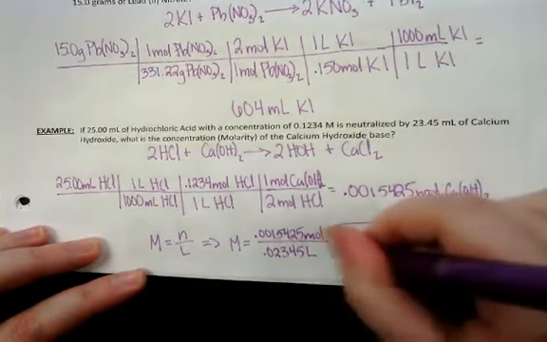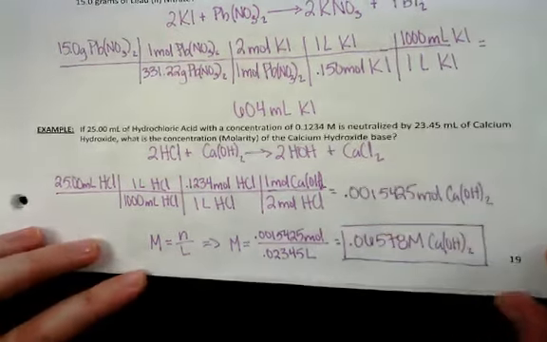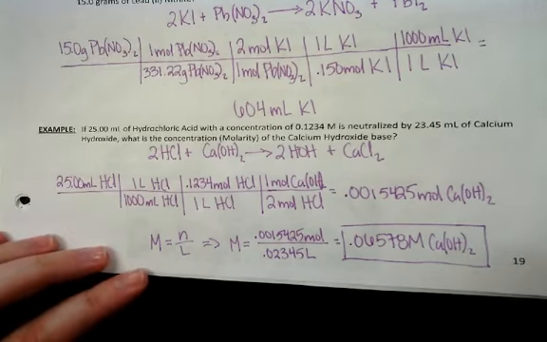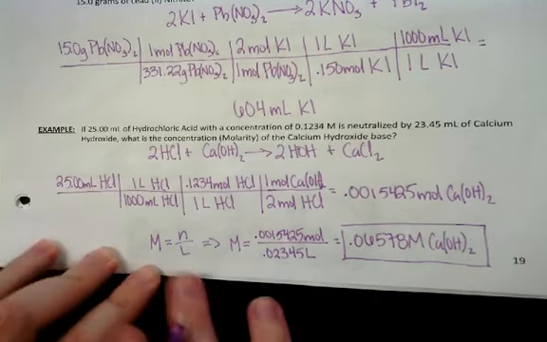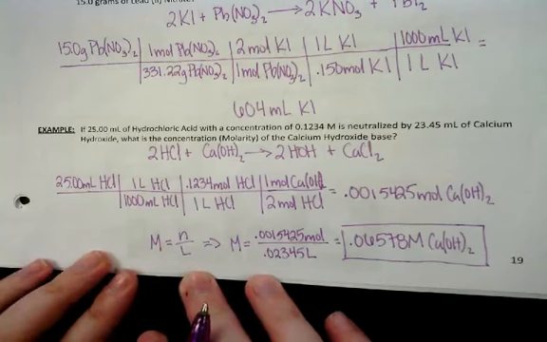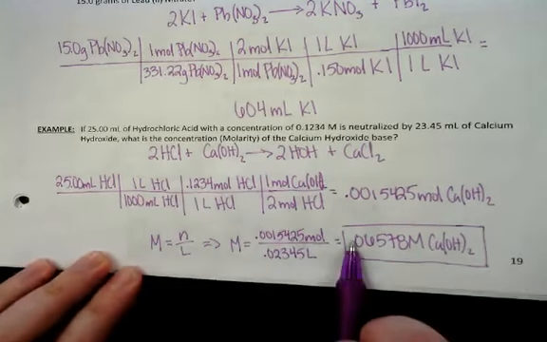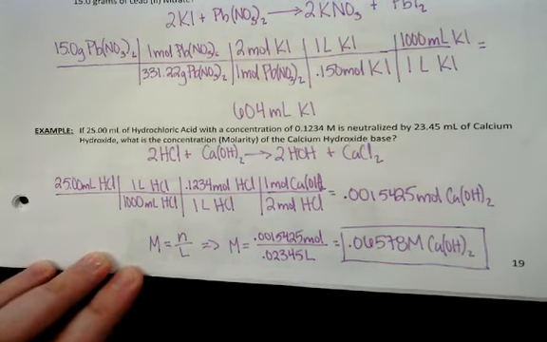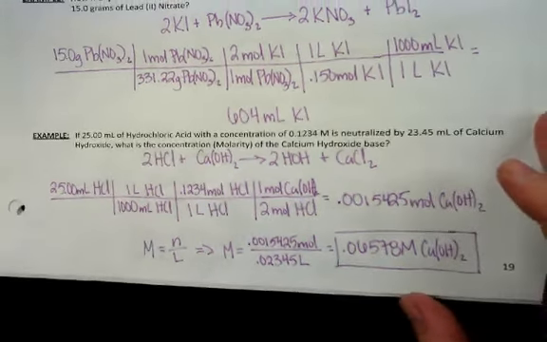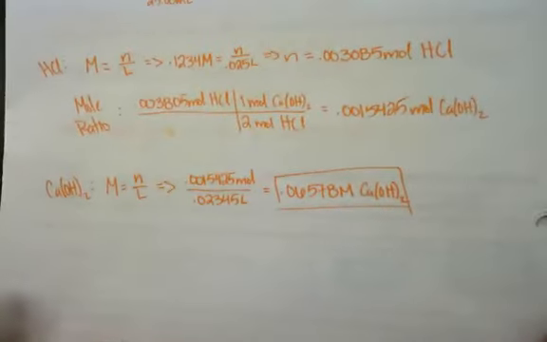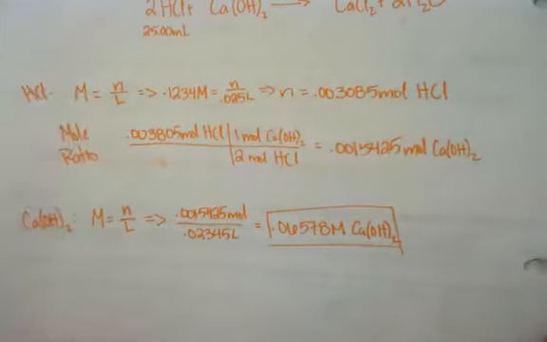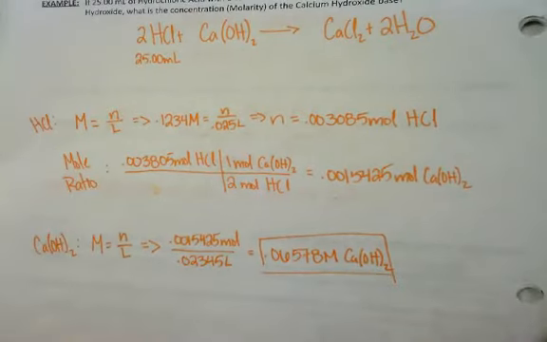Now, I said that you could do this in 2 or 3 steps. This is the combined 2 steps. Okay? So 1, 2. You could also choose to do it in 3 steps by, instead of doing one long dimensional analysis, you break it up into molarity, mole ratio, molarity.